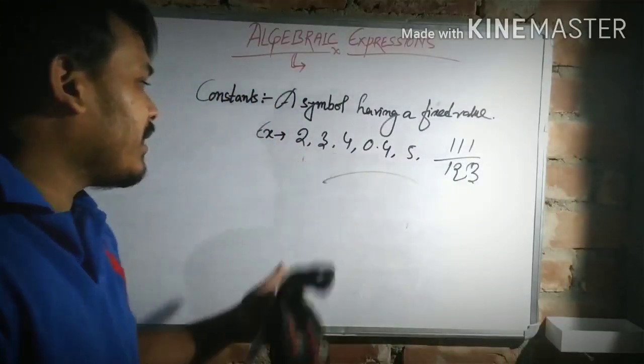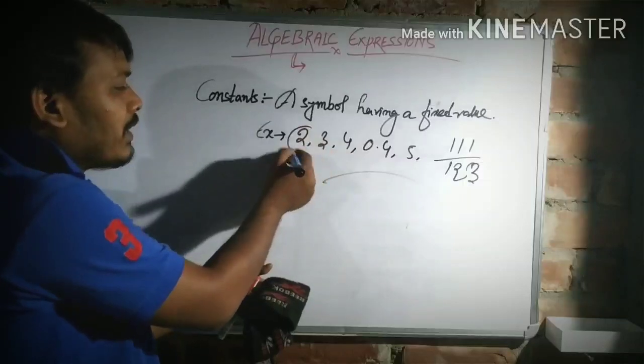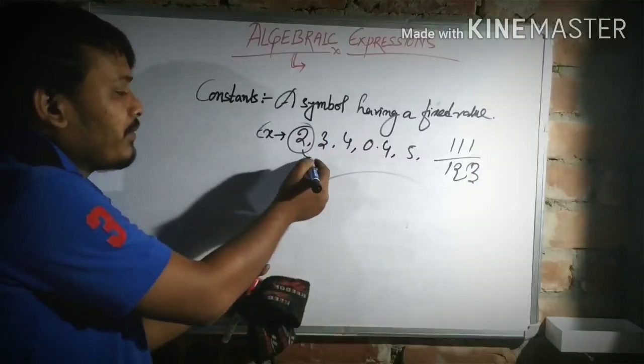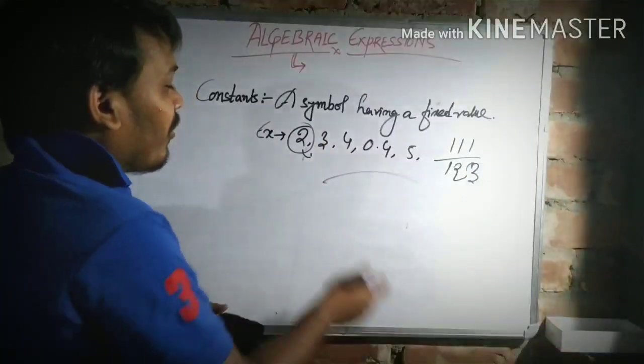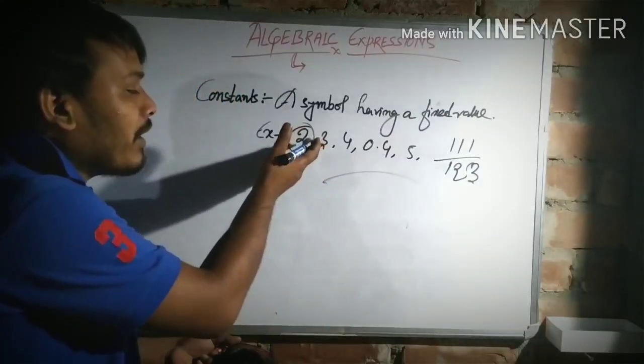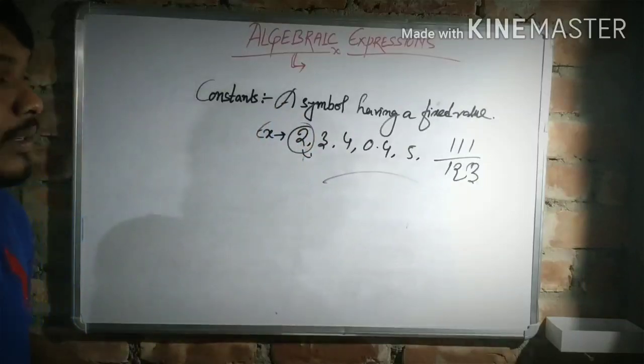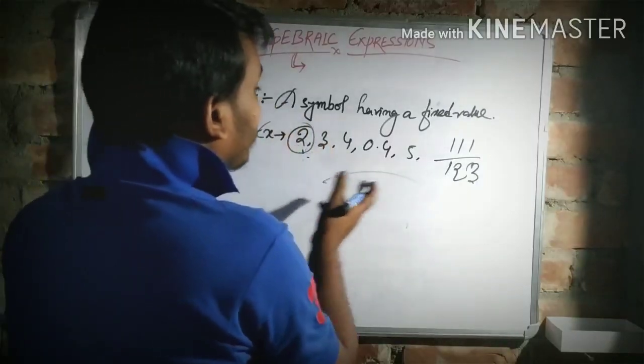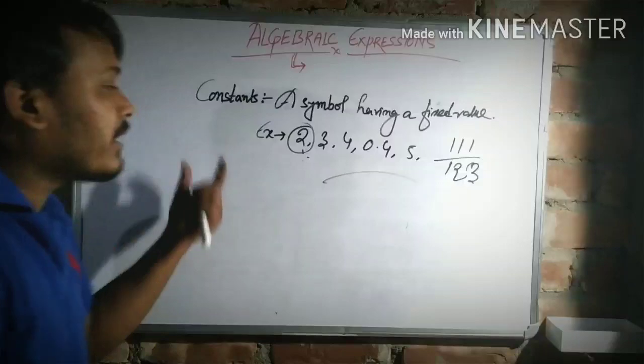If 2 is written on my board, or in your book or in your copy, the value does not change. Everywhere the value of this symbol is 2. So this kind of value is called a constant.